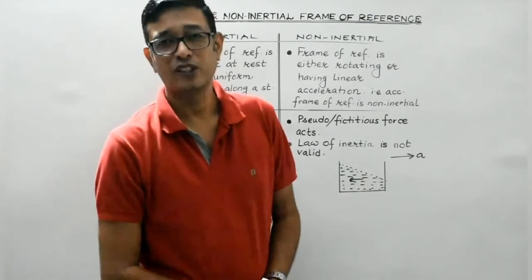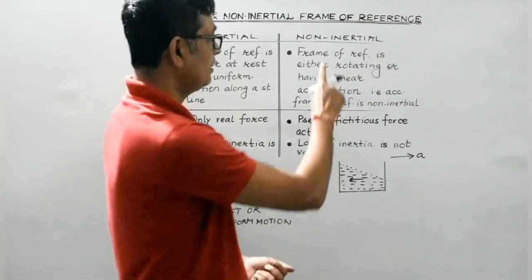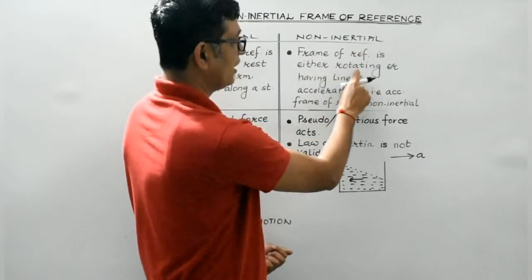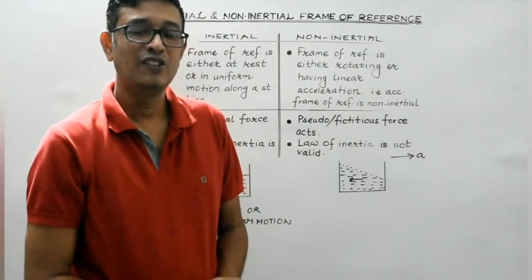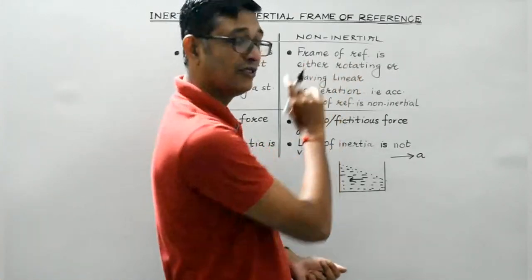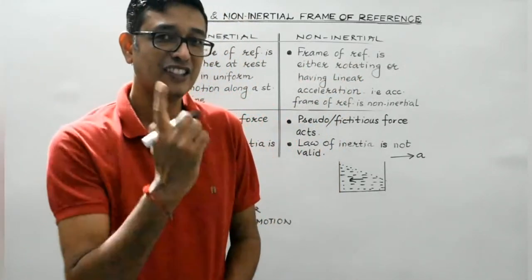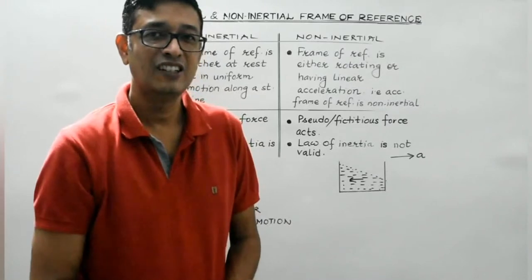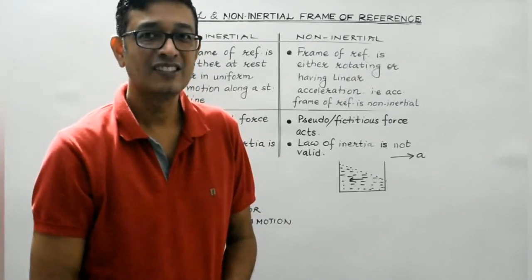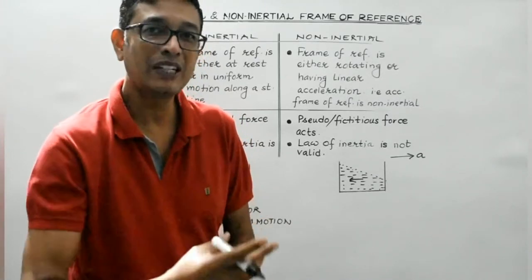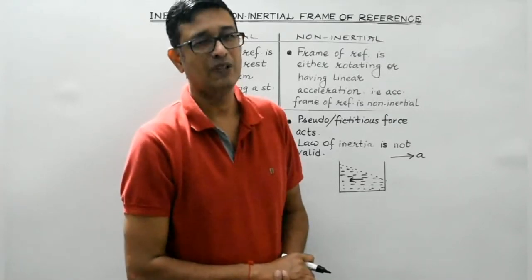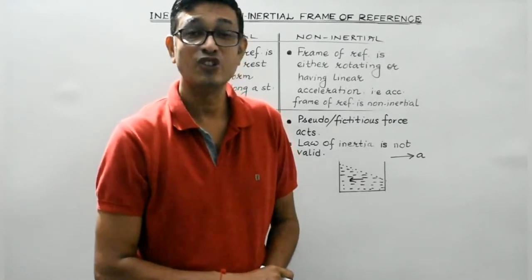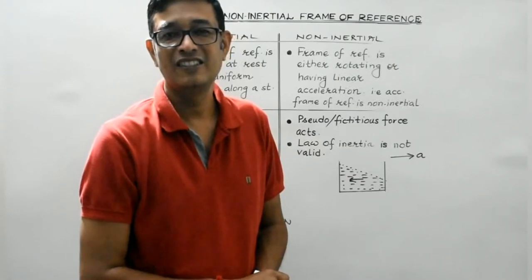Now a very important point arises, students. Frame of reference which is rotating is non-inertial. So by the definition, strictly speaking, Earth is rotating about its own axis. So Earth does possess acceleration, which is the centripetal acceleration. So it must be considered non-inertial frame of reference, isn't it?